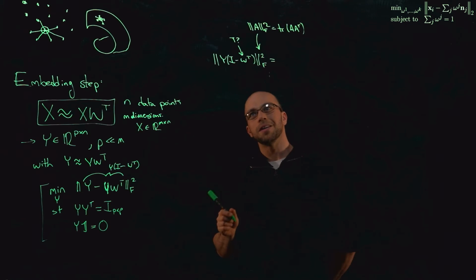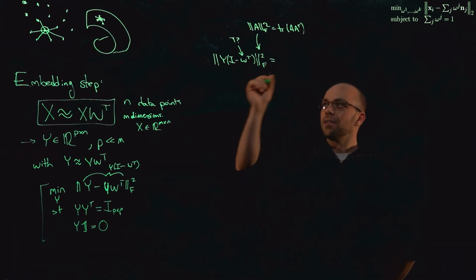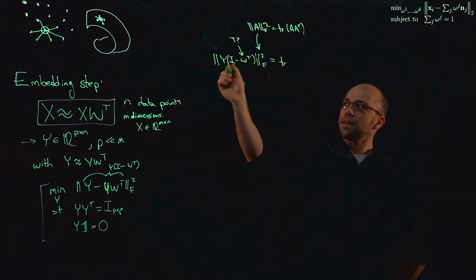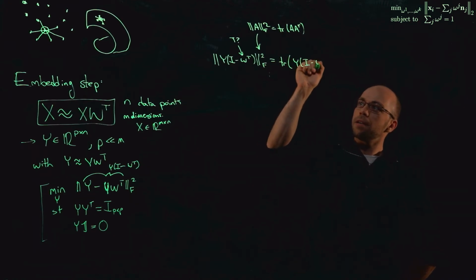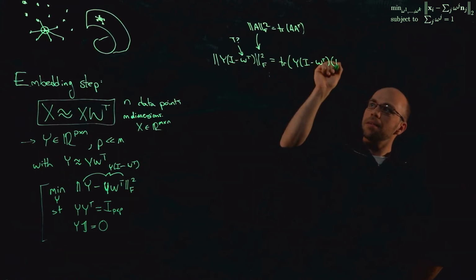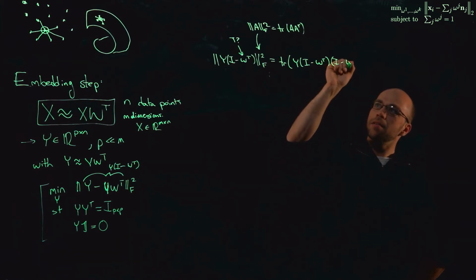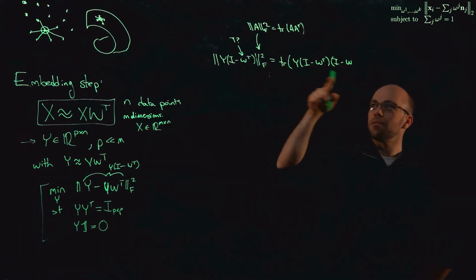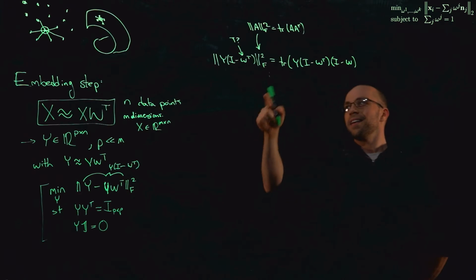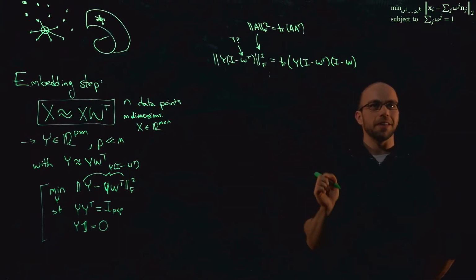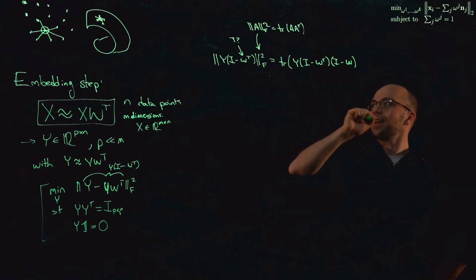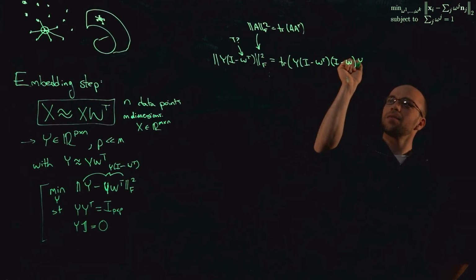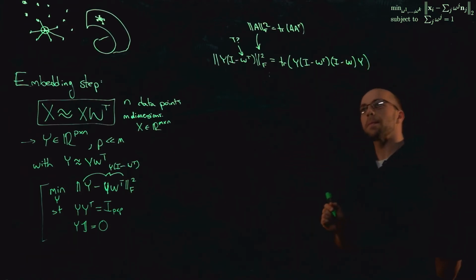So in particular, we get that this is the trace of Y times (identity minus W transpose) times (identity minus W), assuming that W isn't symmetric. By the way, we do expect W to be roughly symmetric because of how we got the averaging weights, but that doesn't really matter here.